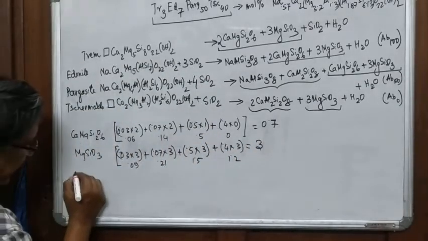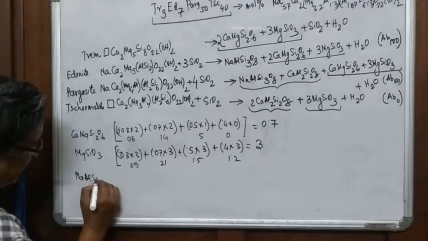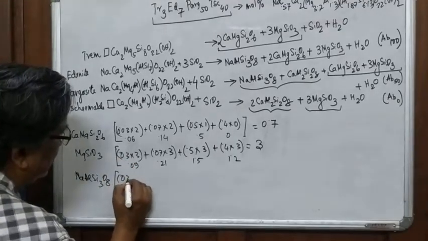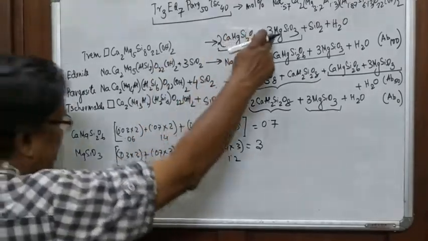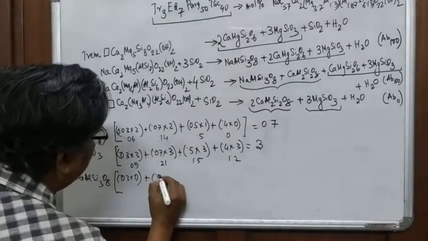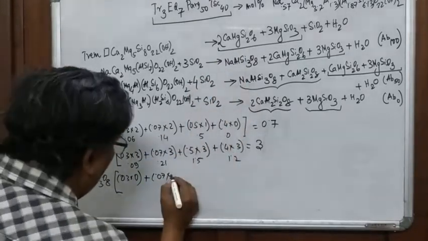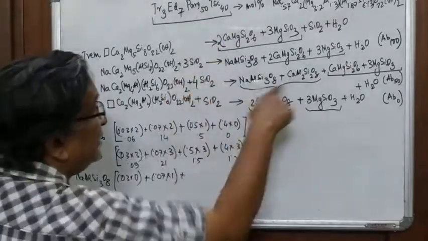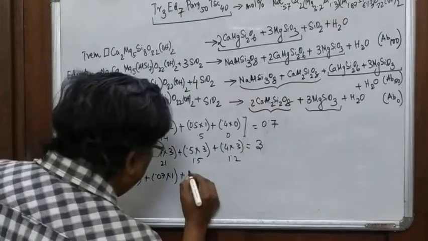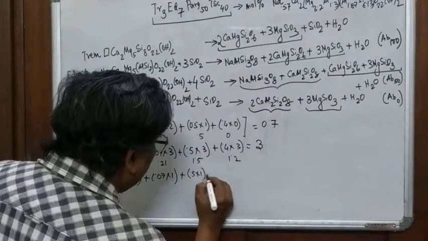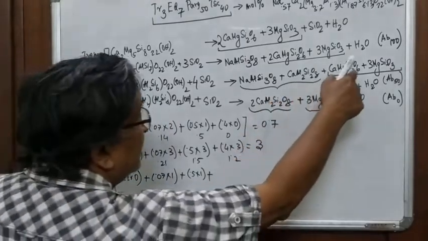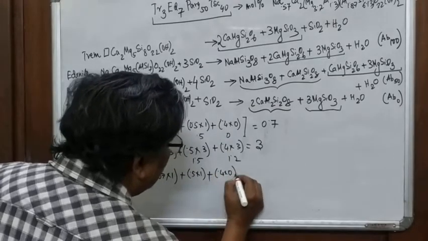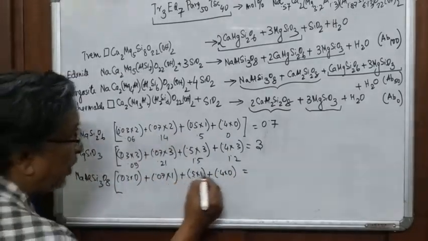Then we have NaAlSi3O8. If we do that, then 0.03 into 0, because there is no albite in this. Then you have 0.07 into 1 plus 0.5 into 1 plus, the next one does not have it, so 0.4 into 0, and this should give you 0.57.